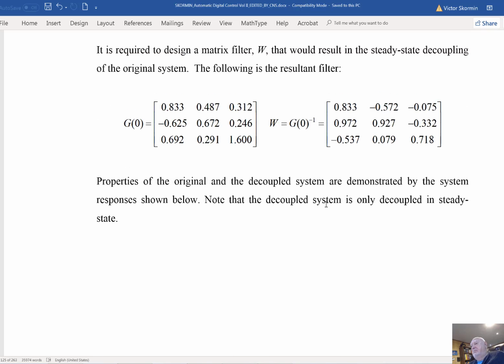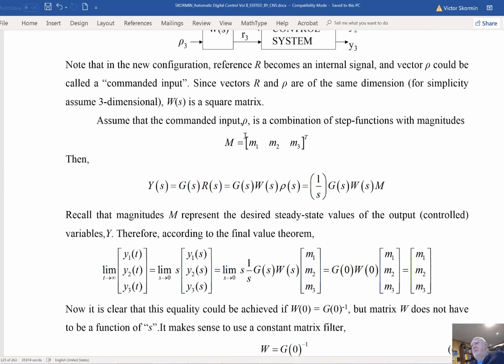And then I use this filter to define reference signals for my system with local controllers. Look, this is what I implemented.